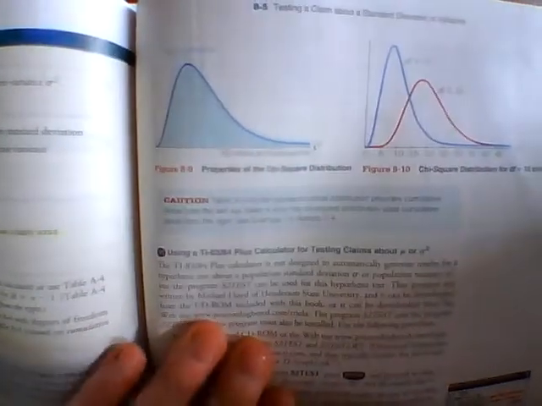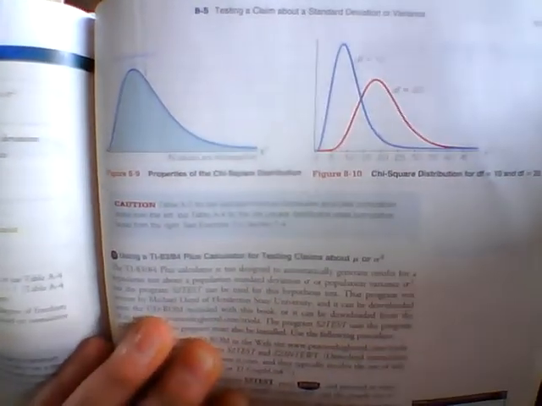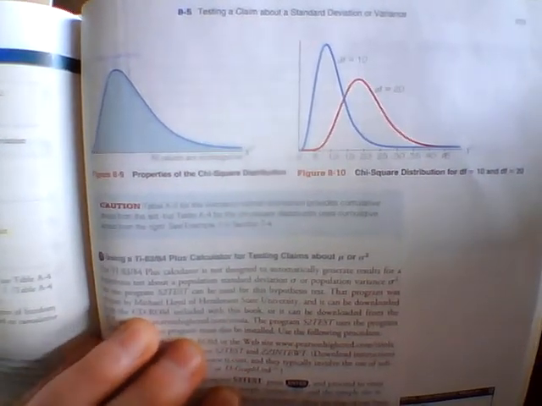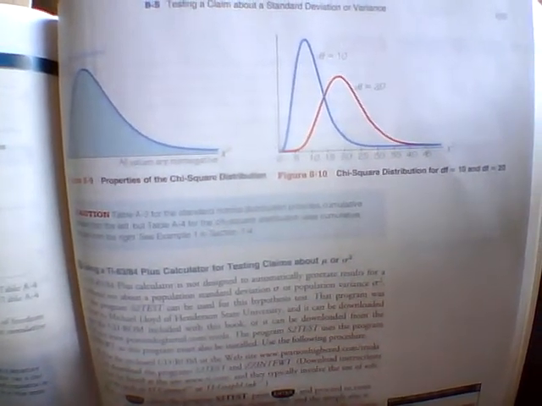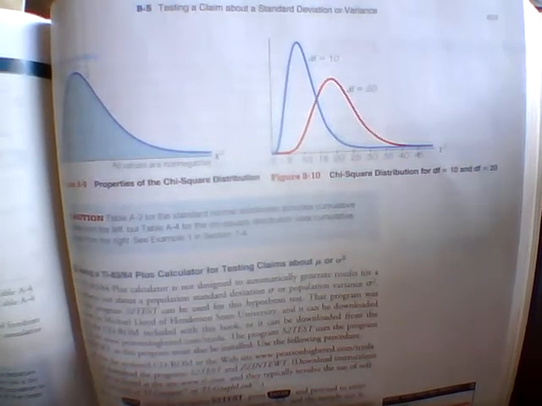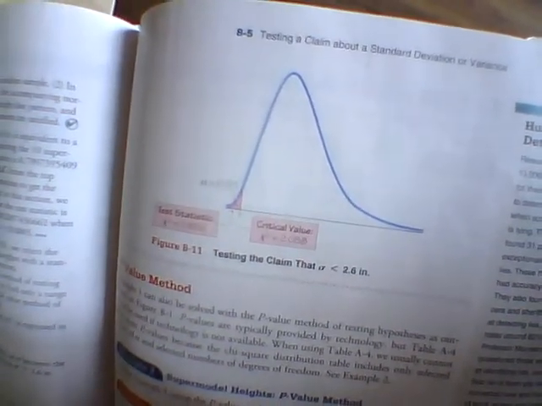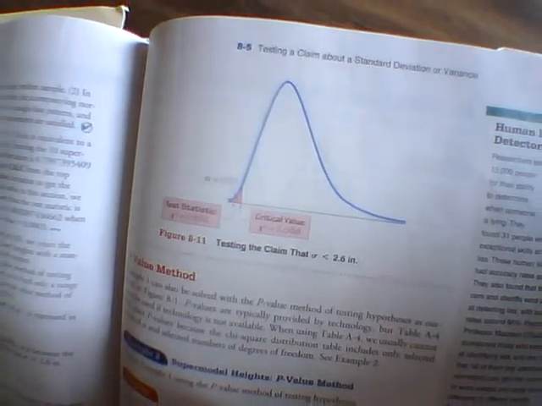So once again, this is our chi-squared table. As our degrees of freedom grow, or we have larger numbers in our sample, we get closer to the normal distribution. One thing to be careful with is that we have to distinguish whether we're to the right or to the left.